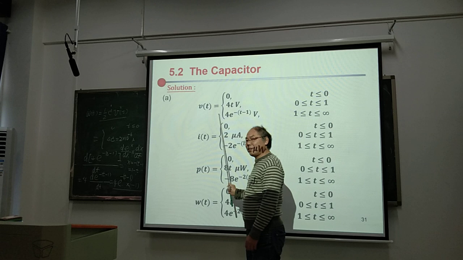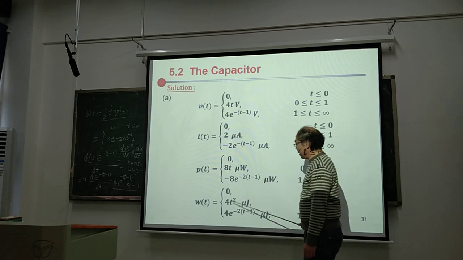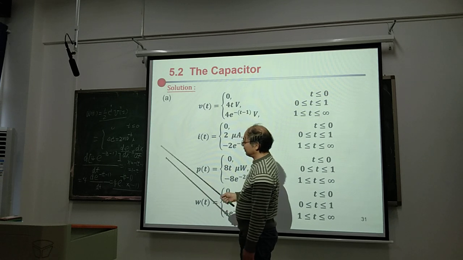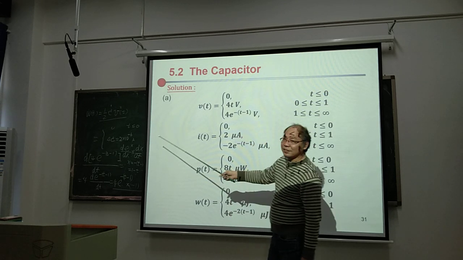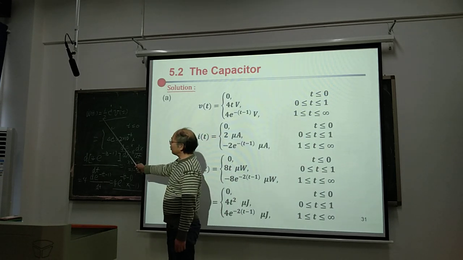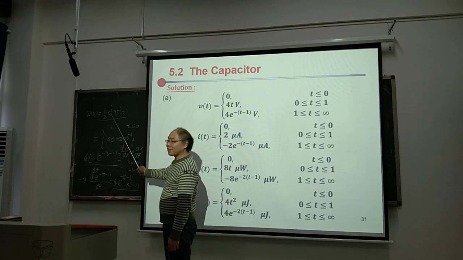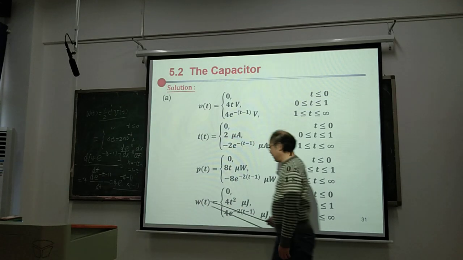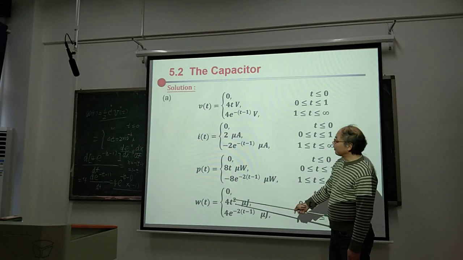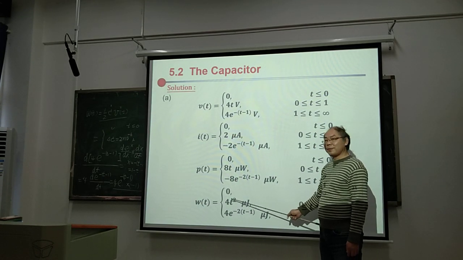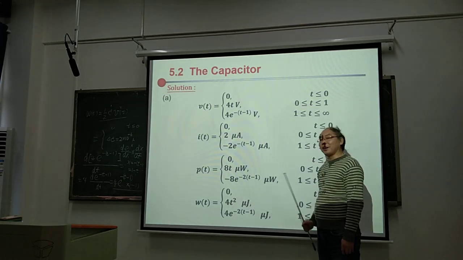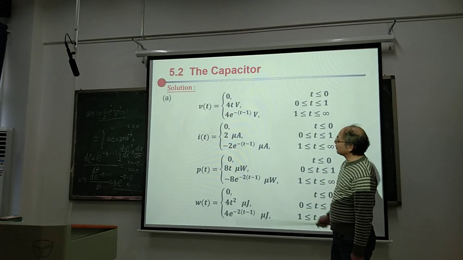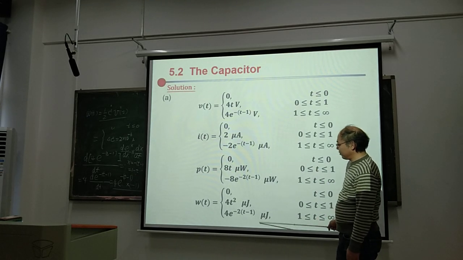So 16 times t times t. But it is divided by 0.5 and C is 0.5. So we get 4 times t times t. And in this way we get this.